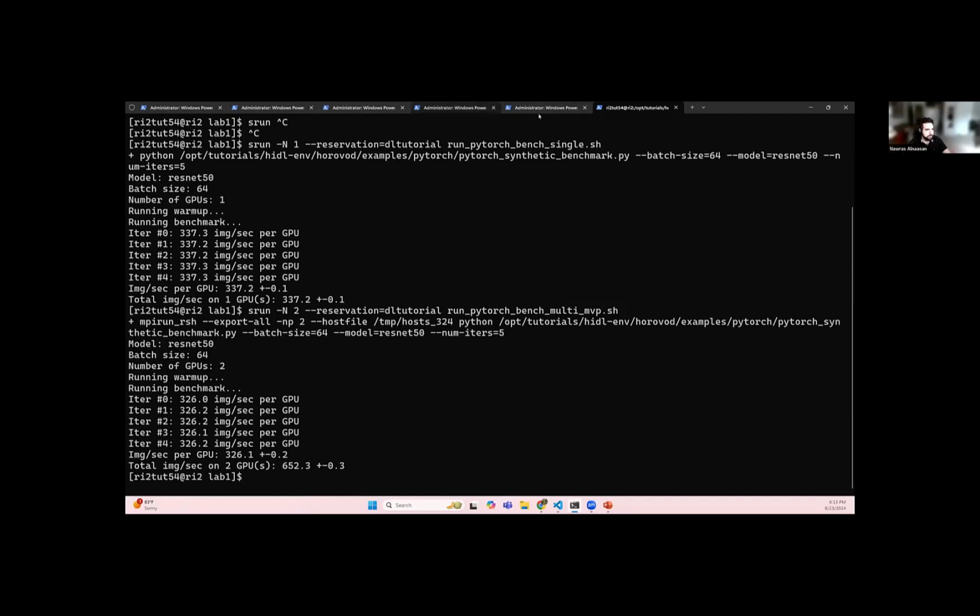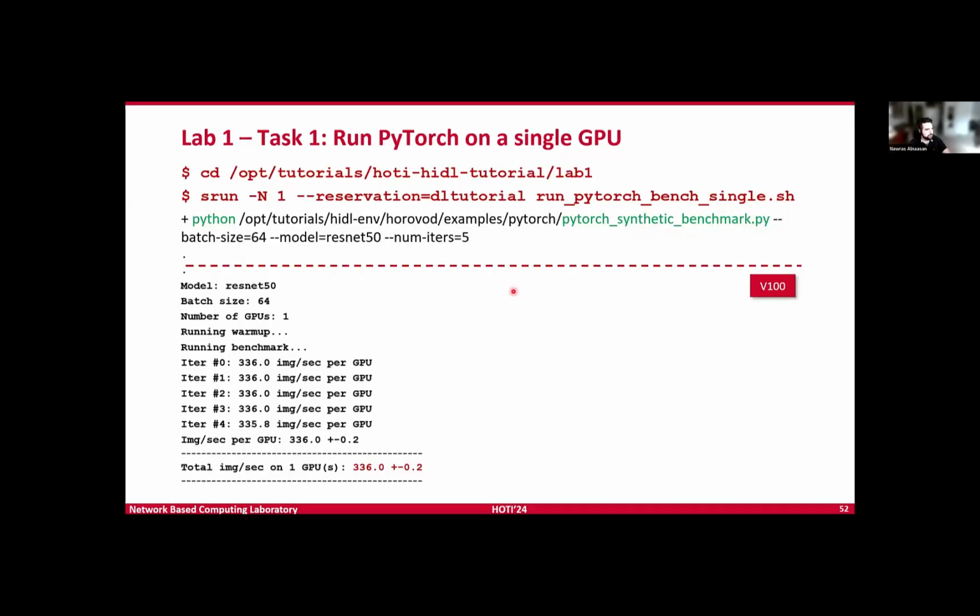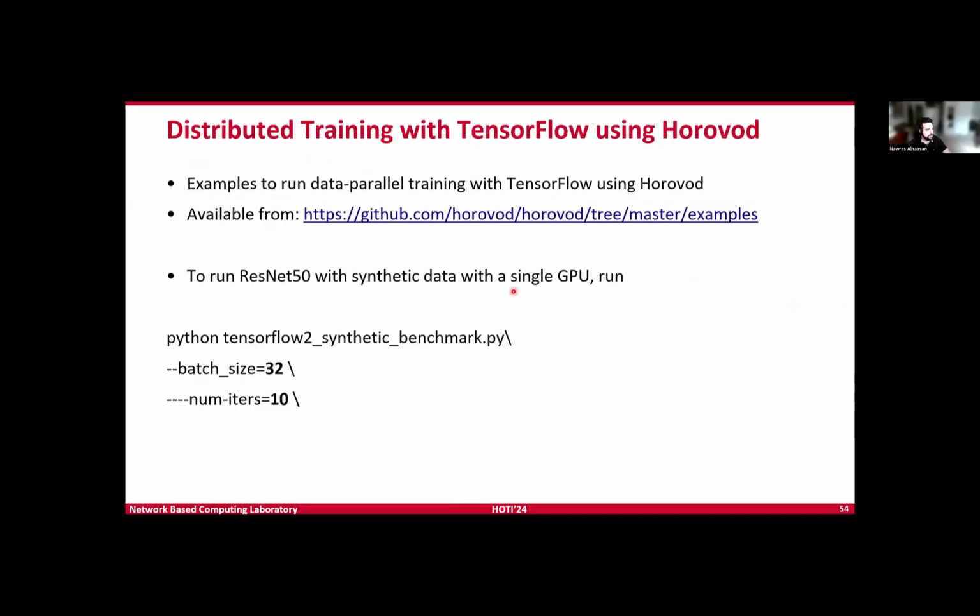Now let's go to the second lab, and please post your questions in the chat if you have any. The second one will be the same benchmark, right? So we're going to do the ResNet 50 on the synthetic data set, but we're going to use TensorFlow instead of PyTorch this time.